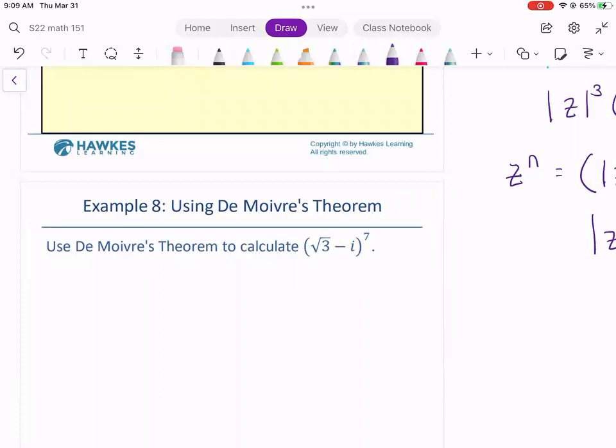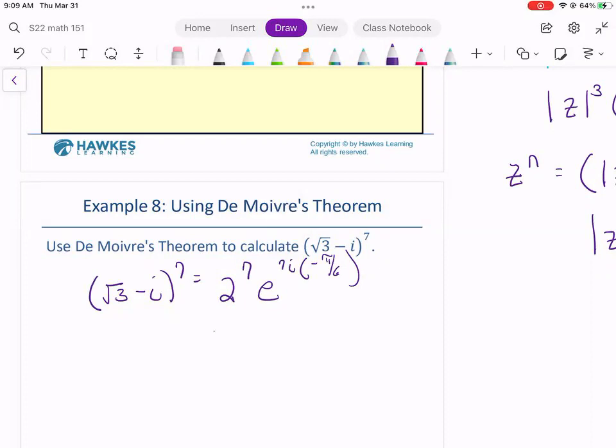We could multiply the square root of 3 minus i by itself 7 times, or using that formula, we know that the square root of 3 minus i to the 7th power becomes the magnitude, which when we calculate that is 2, so 2 to the 7th, and then e to the 7i times negative pi over 6, which we can find using our formula to find the argument.